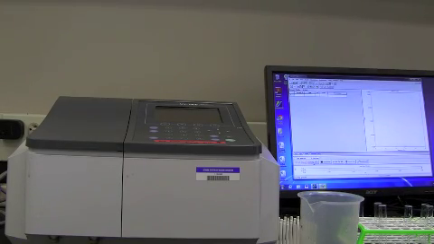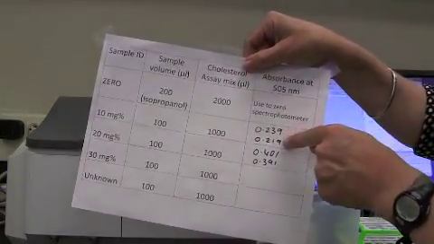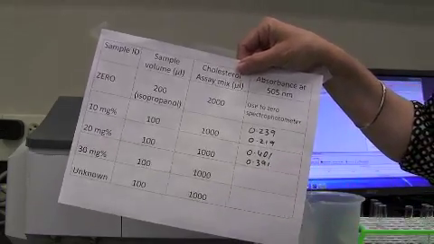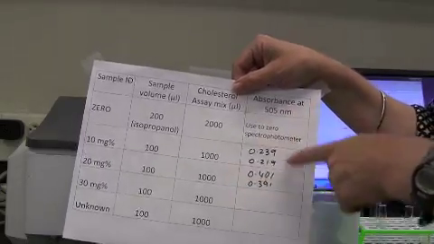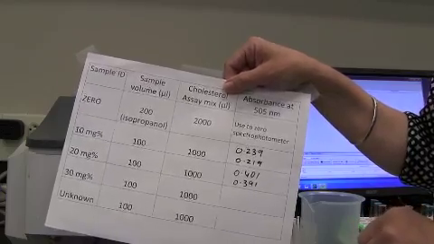Write it down, and so on. So I'm going to continue doing this until I have the absorbance measurements of each one of my samples. Like I say, I record all of these in my table here, so I write down the absorbances of each one, and the last thing I'm going to show you how to do is how to turn this into a standard curve and to figure out the absorbance of our unknown.